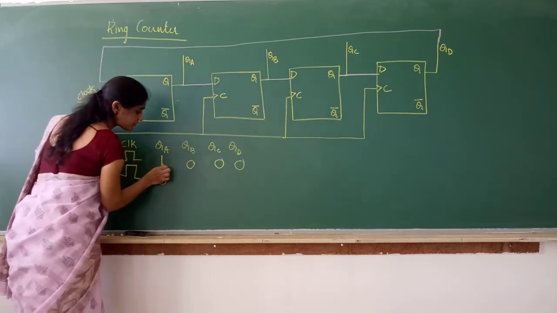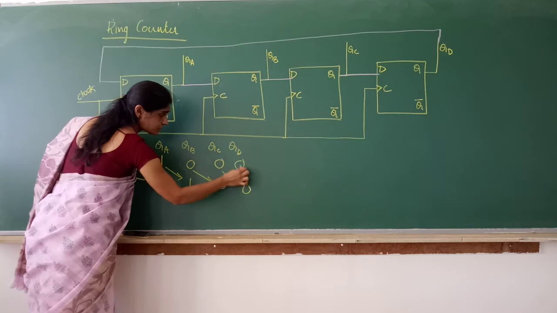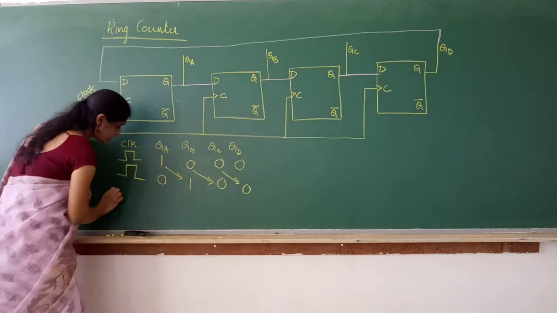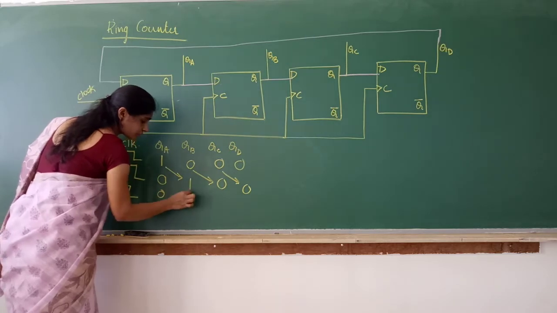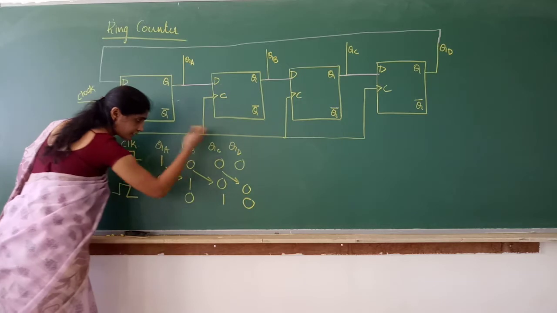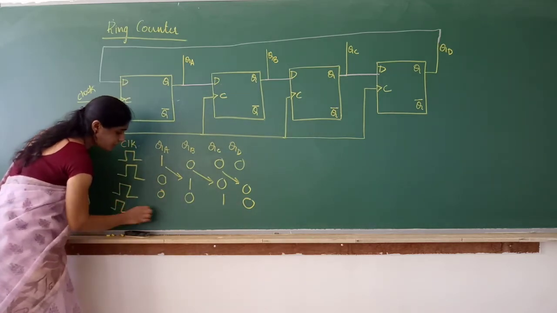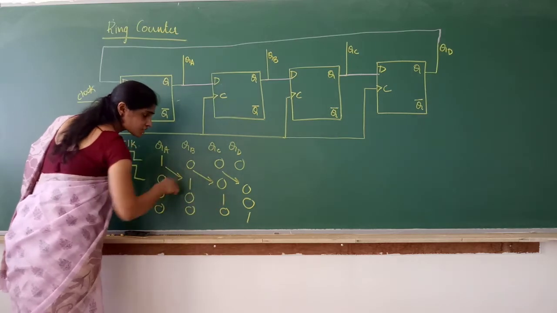You just shift: 0, 1, 0, 0. This 0 has come here. Next clock pulse. This 0 will come. This will shift: 0, 0, 1, 0. Just shift. Upon the occurrence of next clock pulse, 0, 0, 0, 1. Next clock pulse.